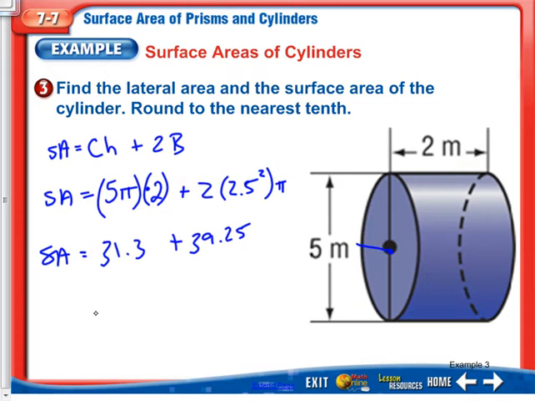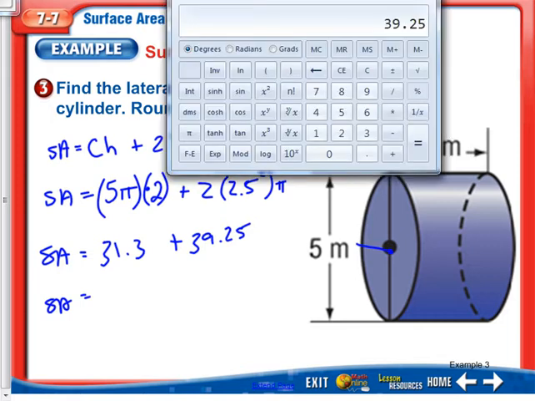So the lateral area is 31.3. The surface area of my 2 circle bases is 39.25, for a grand total then of, I'm going to add 31.3 to get 70.55.